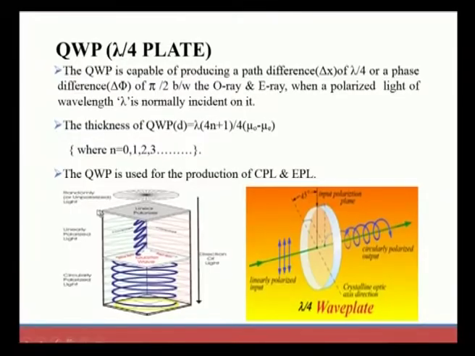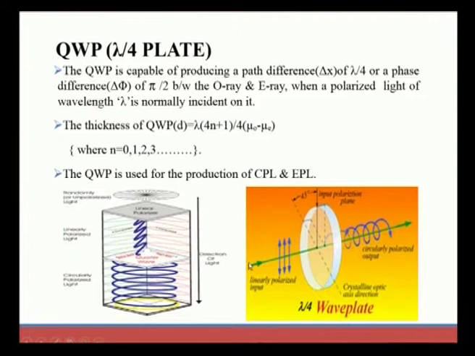Here, when randomly polarized or unpolarized light falls on a surface, this is the direction of the light, and linearly polarized light is what we can observe here. When this linearly polarized light is made to fall on a quarter wave plate, circularly polarized light is what we get from the output of the quarter wave plate.